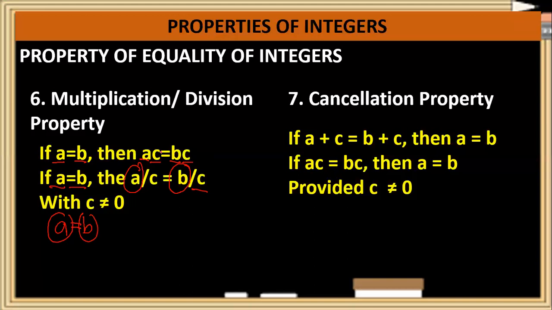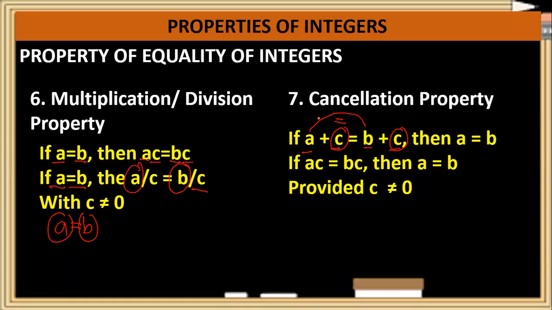And of course, meron tayong cancellation property. Dito, provided C is not equal to 0. So if A plus C is equal to B plus C, then A is equal to B. Kasi si C, the same value ang C. So since equal sila, therefore si B at saka si A, they are the same.